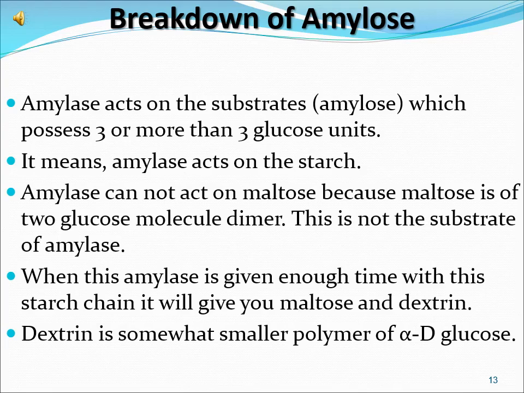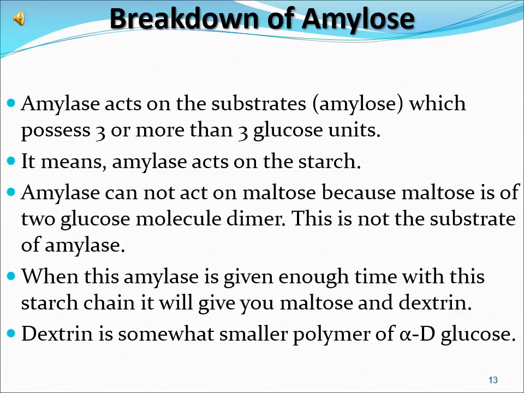Now we discuss breakdown of amylose. Amylase is an enzyme that acts on the substrate amylose which possesses 3 or more than 3 glucose units. It means amylase acts on the starch, and as you know, amylase is an enzyme.